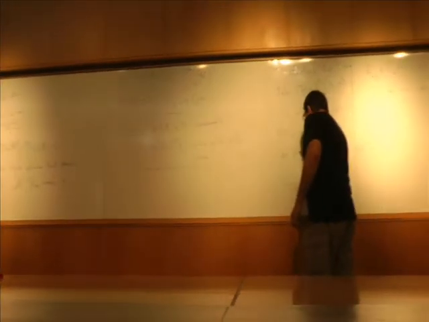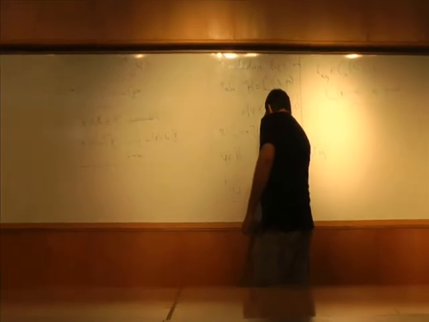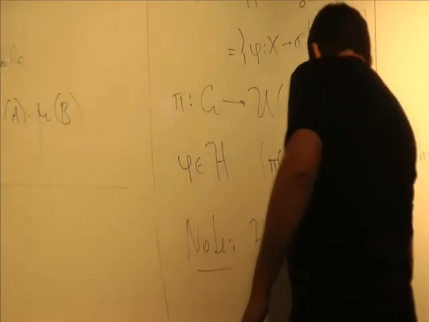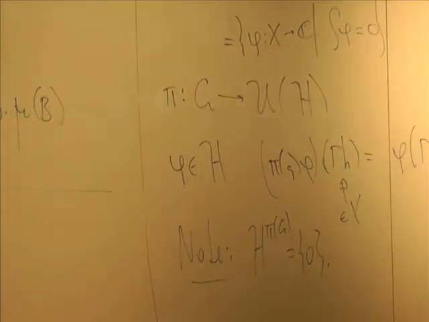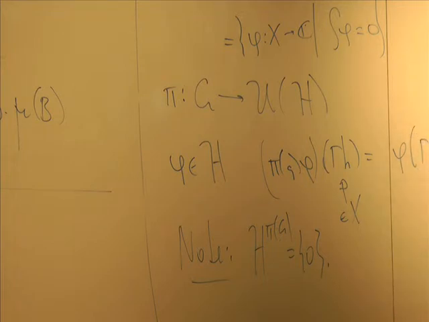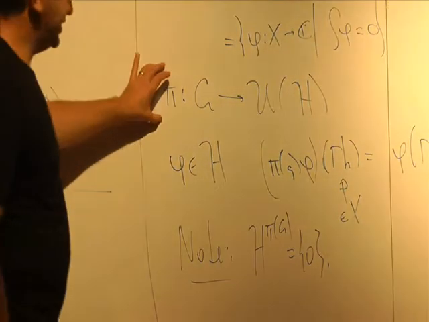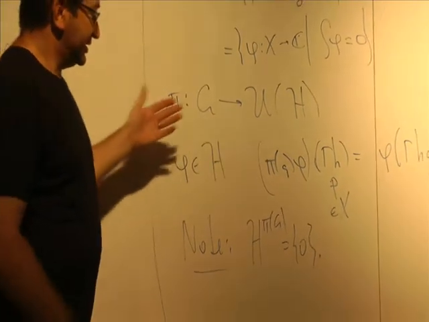Note that the space of invariant functions is now 0, because an invariant function would be a constant function, but the constant function whose integral is 0 is 0. There is a technical detail to check here, that this is really a unitary representation, namely that it is a homomorphism.